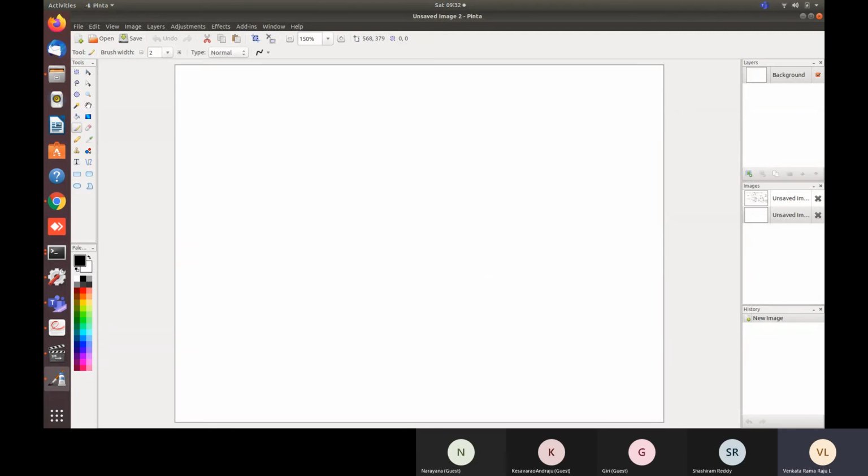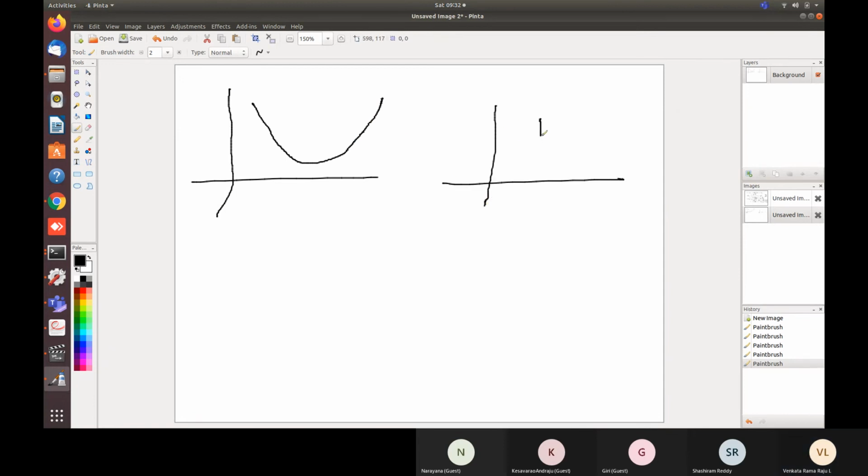Suppose that your cost function is like this. Okay, and another cost function is like this. For this, beta equal to 0.8 may work. For this, beta equal to 0.9 may work.